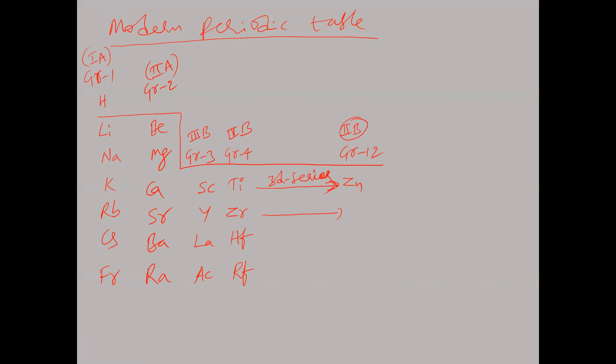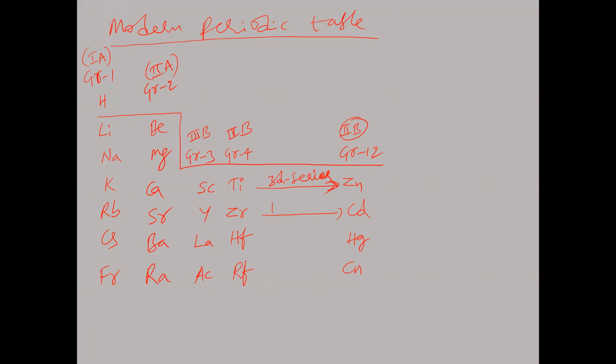Group 12 elements are zinc, cadmium, mercury, copernicium: Zn zinc, Cd cadmium, Hg mercury, Cn copernicium. These 4 elements belong to group 12. Remember.